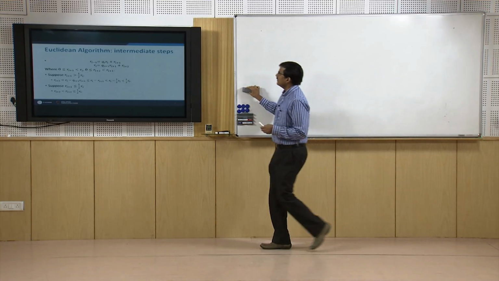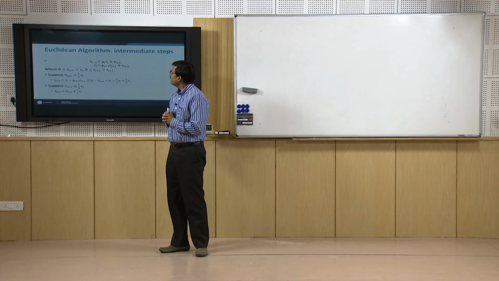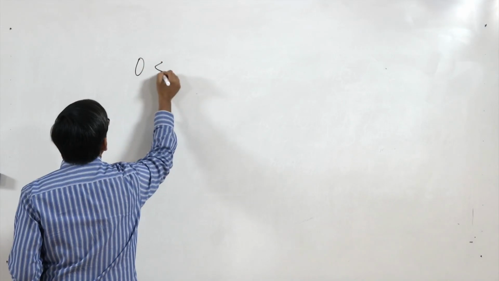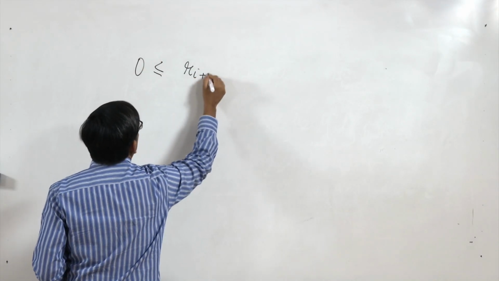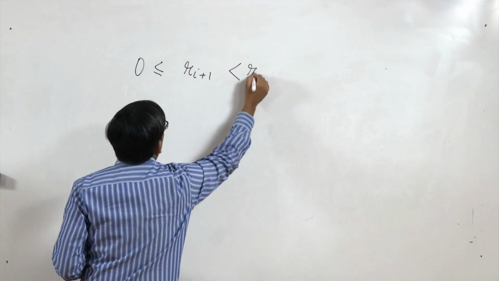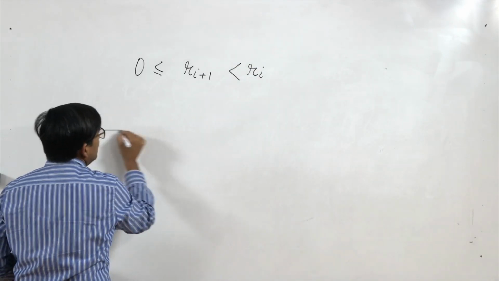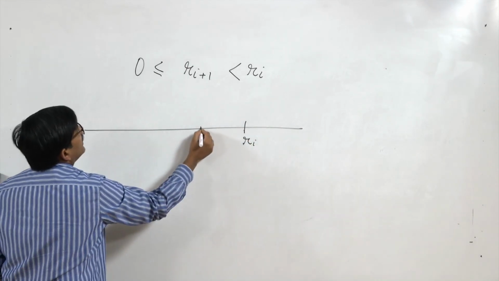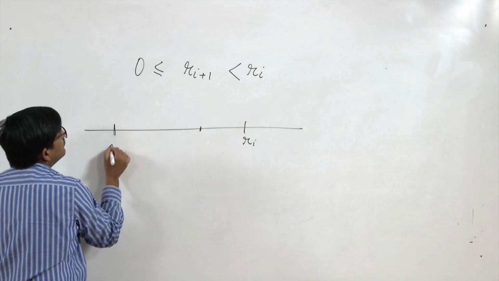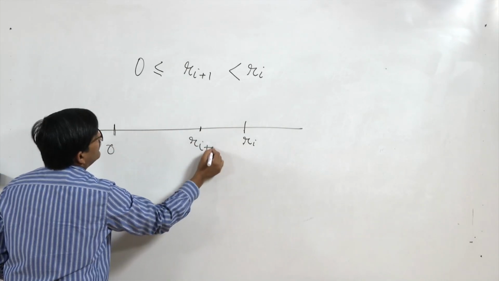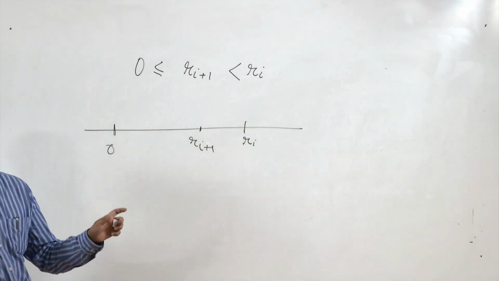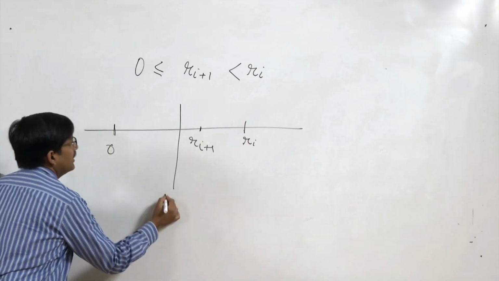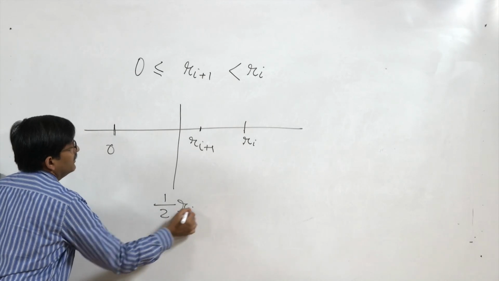If you look at this inequality, let us write it over here: 0 less than or equal to Ri plus 1 is strictly less than Ri. Okay, fine. Suppose this is Ri and this is 0, and Ri plus 1 is somewhere here, we do not know where it is right now, but there is something we know, that is half of Ri.